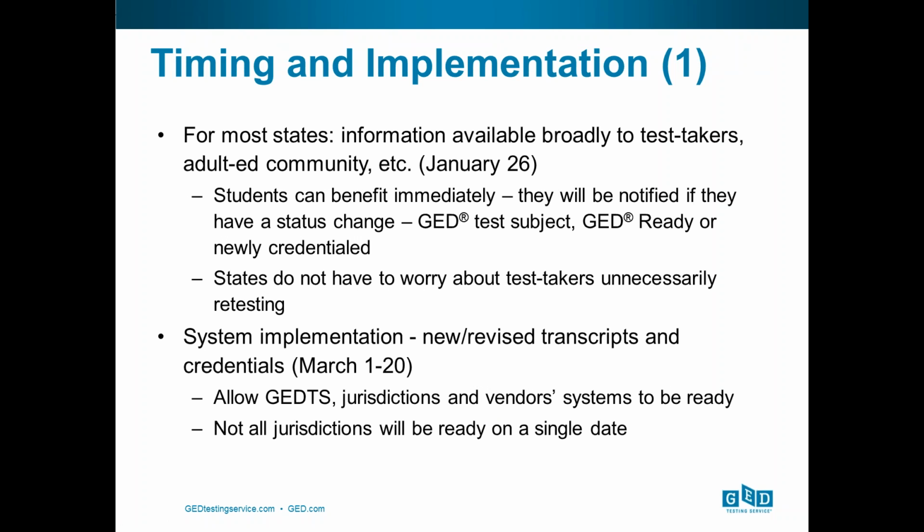For those states that accepted the recommendation within the first couple of days, their students have been notified of a status change. One of the things we wanted to make sure of, and why the early announcement when we weren't going to actually be ready to implement on March 1st, was really to help folks manage things like unnecessary retesting in the interim period. So what happens next?